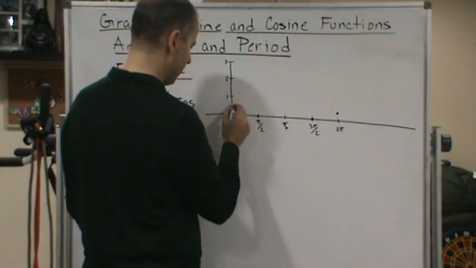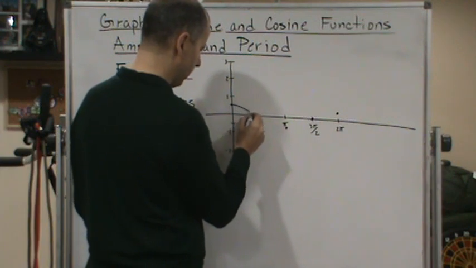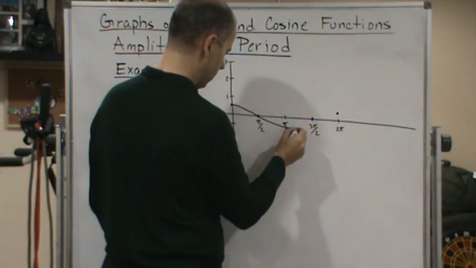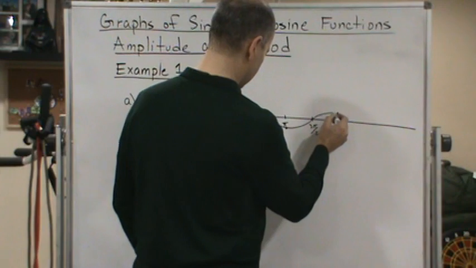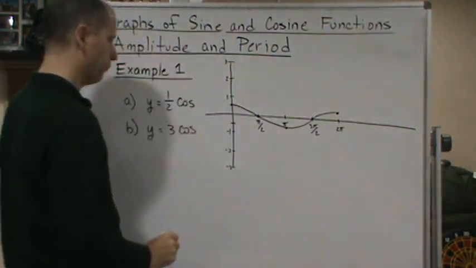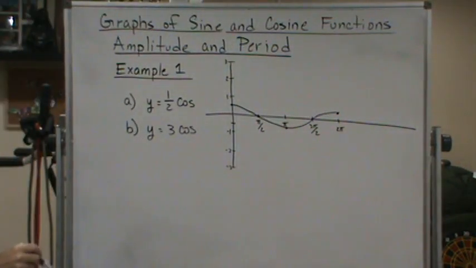If I sketch the graph, it's going to look something like that, and then it continues on to infinity in both directions.